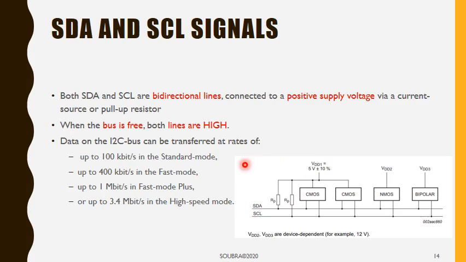They're bidirectional, of course, because we can either send or receive. And when no one is sending anything and no one is generating a clock, both of them are left at a high level, exactly as for the UART, by the way. However, the good thing about the I2C bus is that we have different speeds, and they can go up to 3.5 megabits, which is awesome.